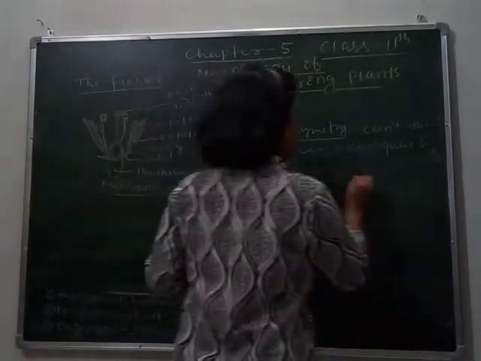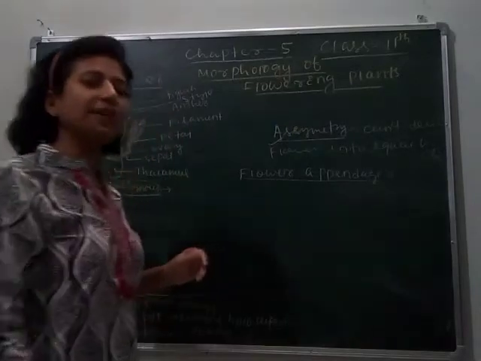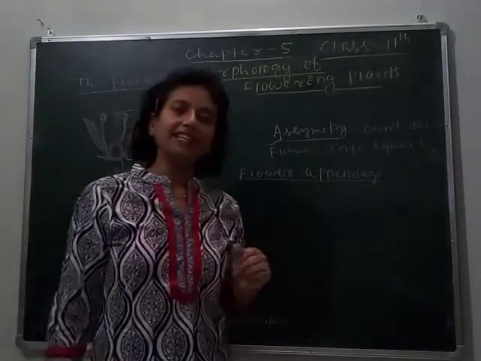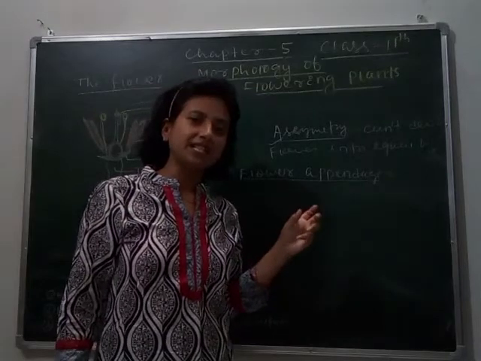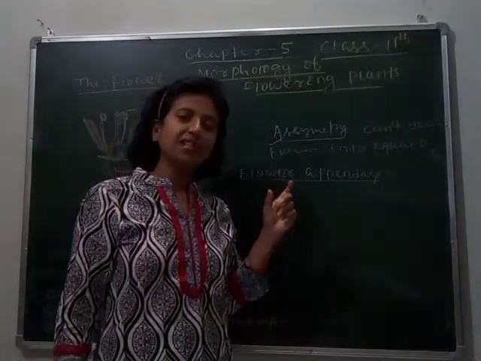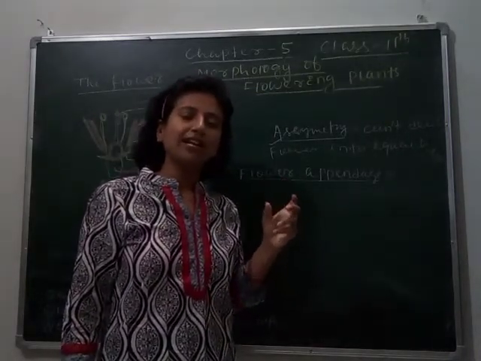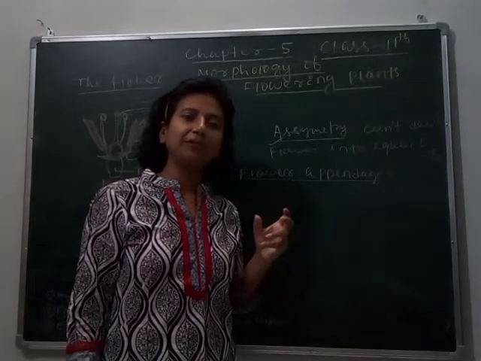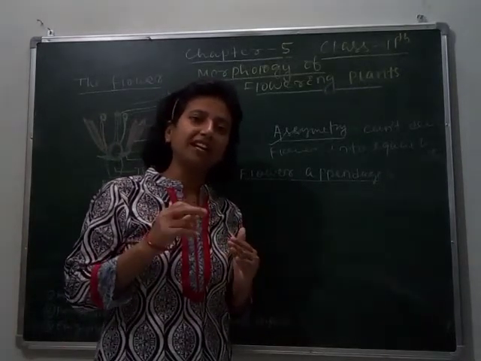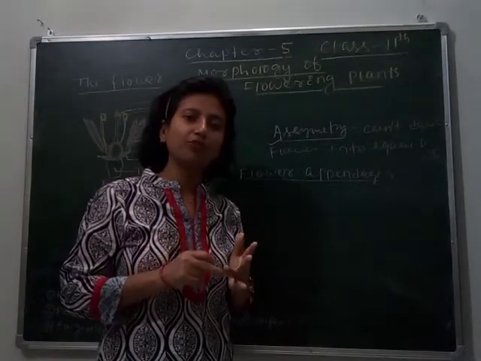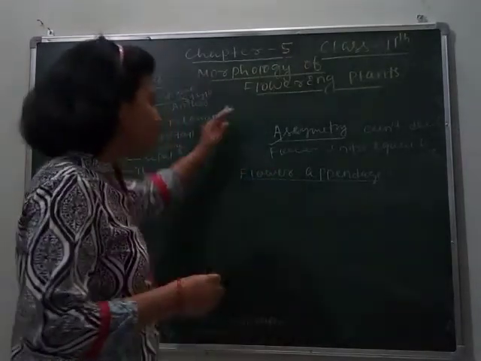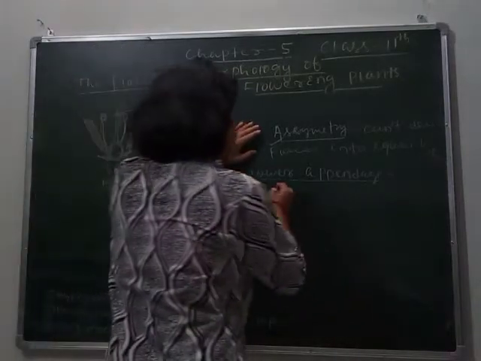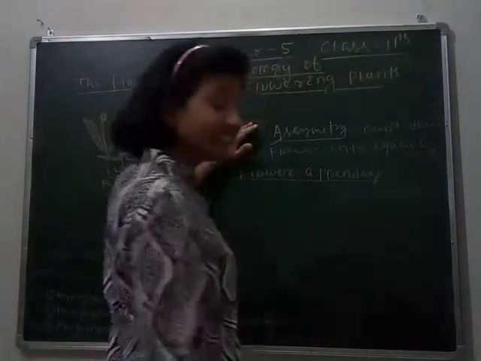Normally when we are studying zoology, appendages means legs, but in case of plants, appendages means parts. Floral appendages means floral parts. So what are floral parts? The flower contains calyx, corolla, androecium, gynoecium. Corolla means petals.